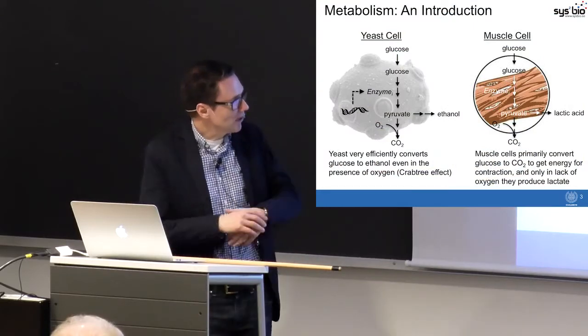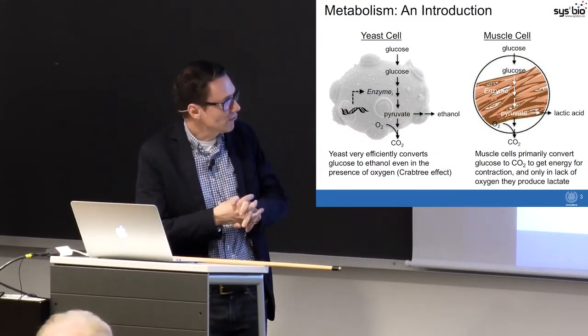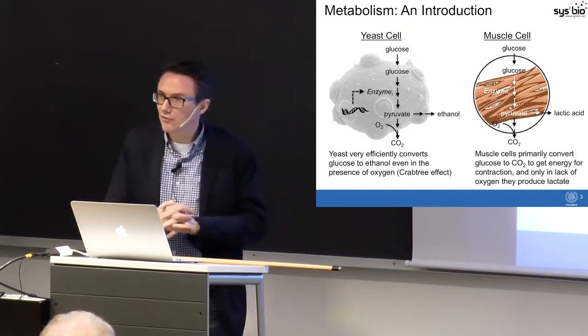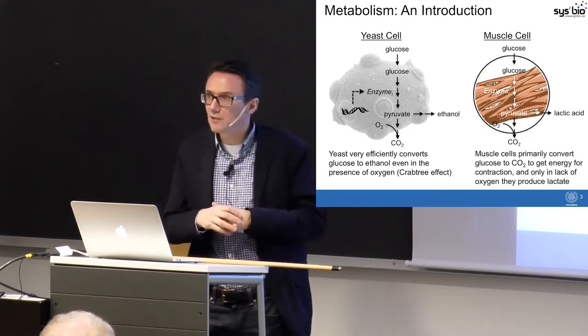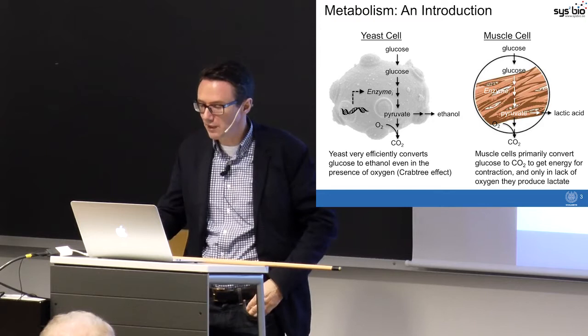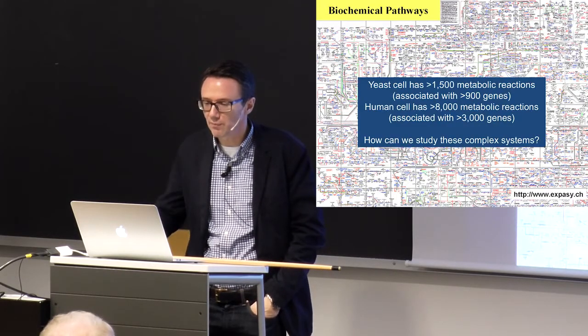The lactic acid production in human cells is also associated with the Warburg effect in cancer cells, which is also quite interesting: why they shift to this type of metabolism when they start to grow faster.